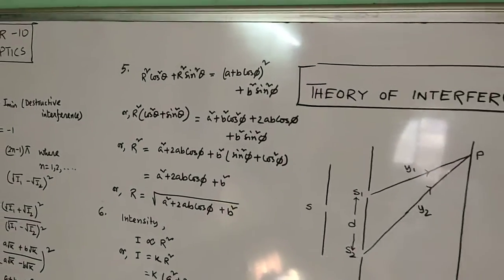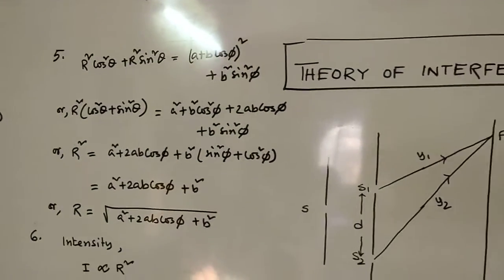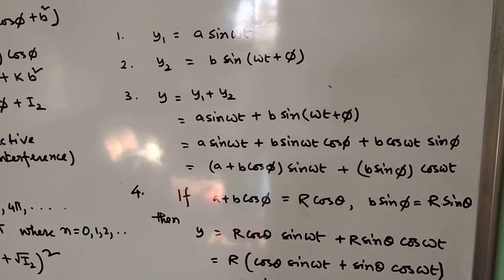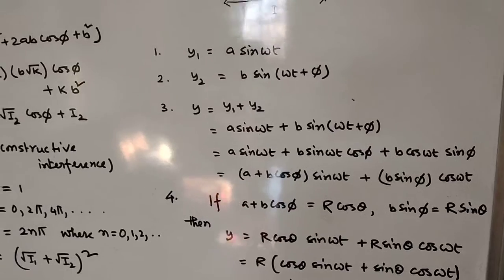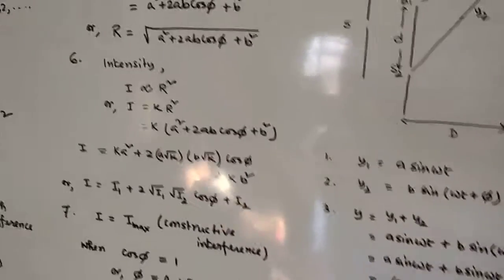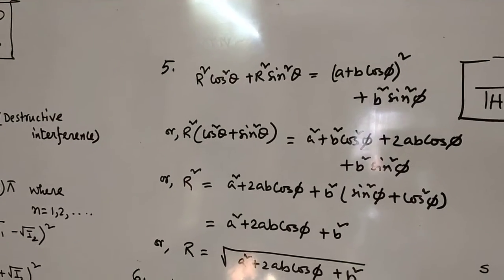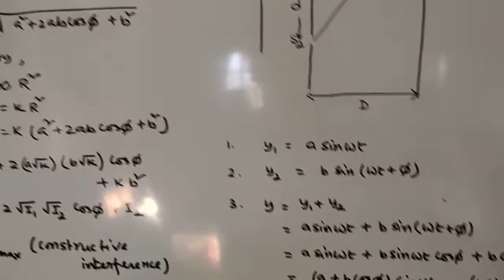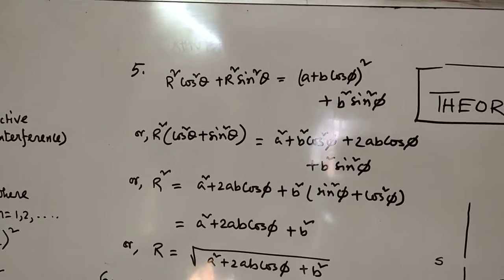Now in equation number 5, we have considered R cos theta equal to A plus B cos phi, and R sin theta equal to B sin phi. So what we have done, we have squared and added them. If we square, R square cos square theta plus R square sin square theta equals (A plus B cos phi) whole square plus B square sin square phi.